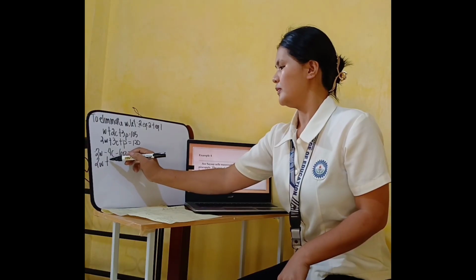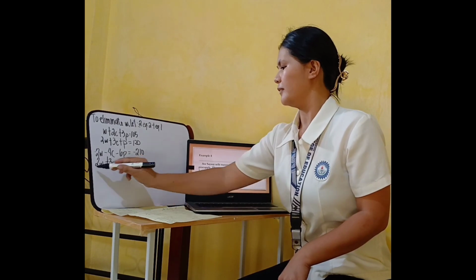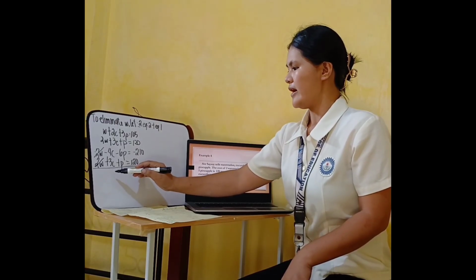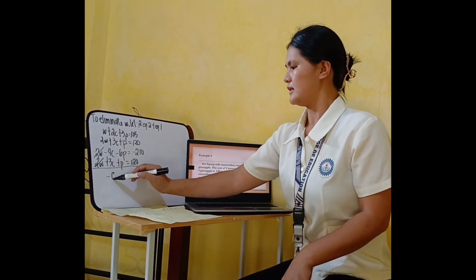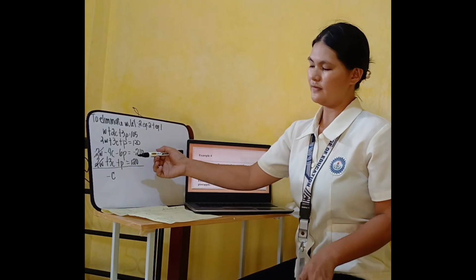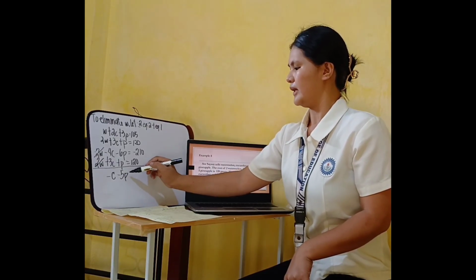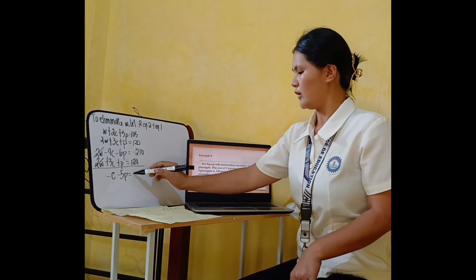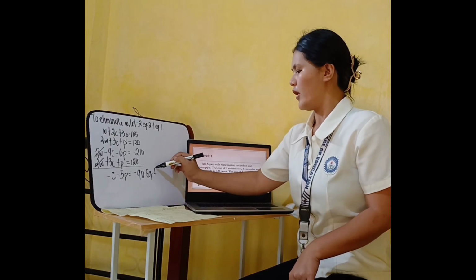Copy the 2W plus 3C plus P is equal to 120. Cancel out the variable W, and negative 4 plus 3 is equal to negative, 6 minus positive 1 is equal to negative 5P is equal to negative 210 minus 120 is equal to negative 90. So this is our equation 4.